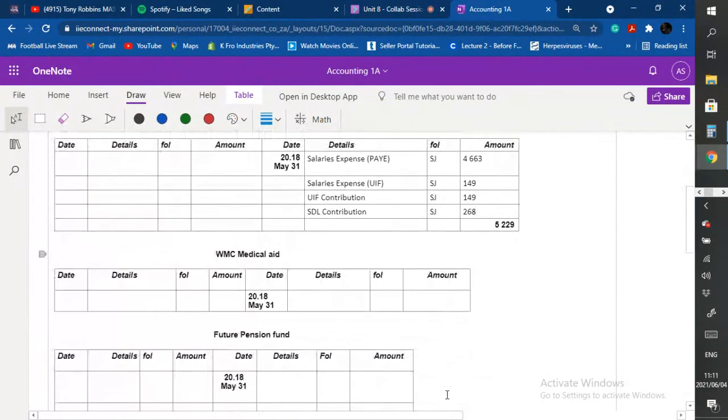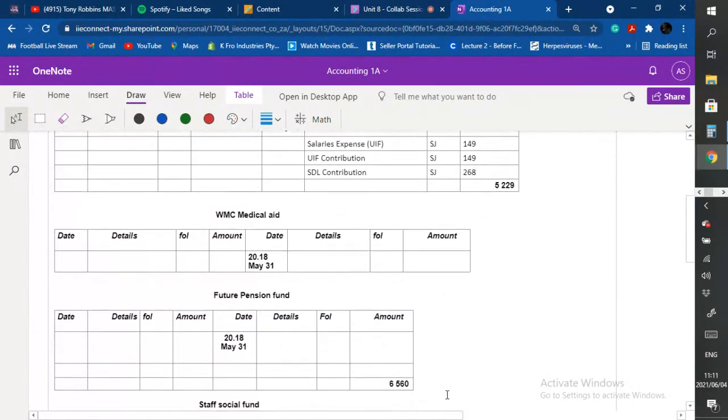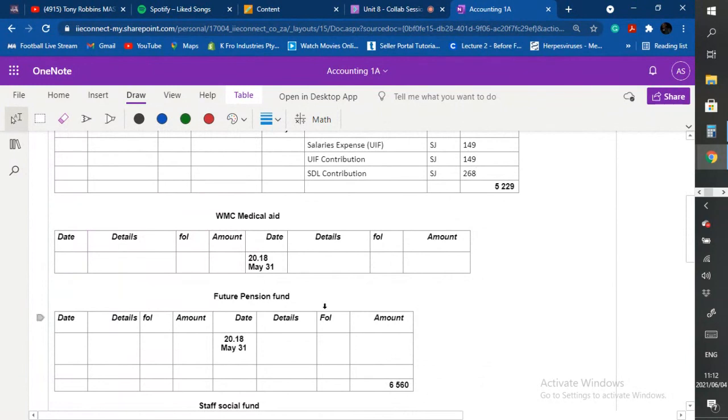Okay, all right, guys. So let me just quickly do, again here, we have medical aid. This is the last one I'll do, and then I'll give you guys a break, okay? In folio, it's going to be SJ again. Under details, what are we going to say? We're going to say salaries expense, because it's a deduction from the employee.